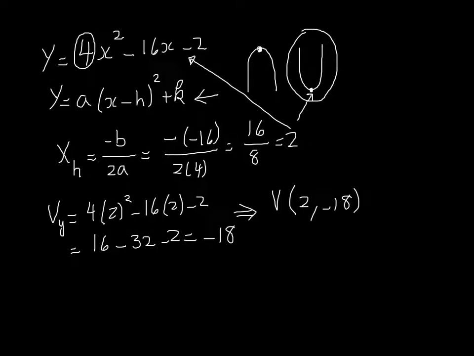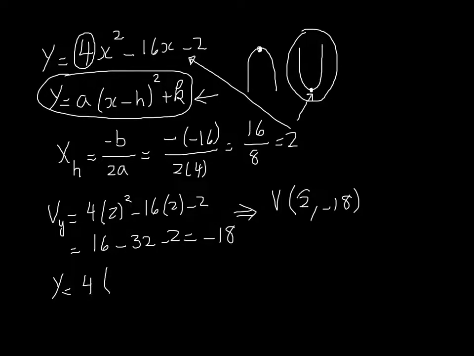Now, knowing these two, we can find the vertex form of our quadratic equation. So it becomes y is equal to a, which is the leading coefficient 4, times (x minus h). h is the x-coordinate, which is 2, so x minus h is x minus 2, squared, plus k. k is minus 18.